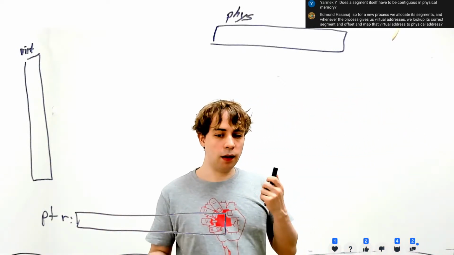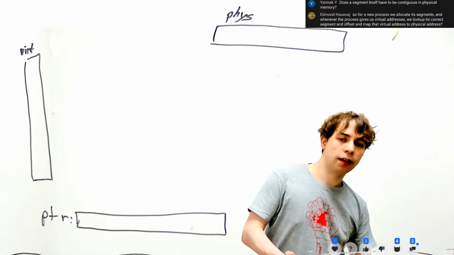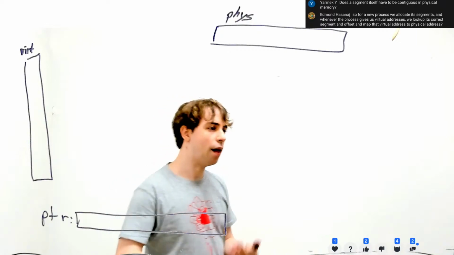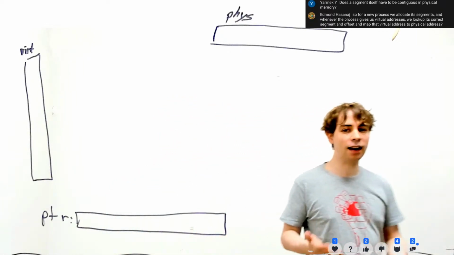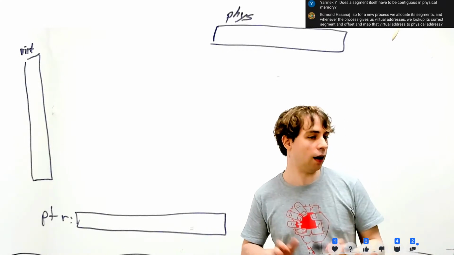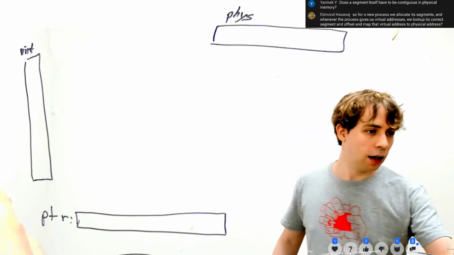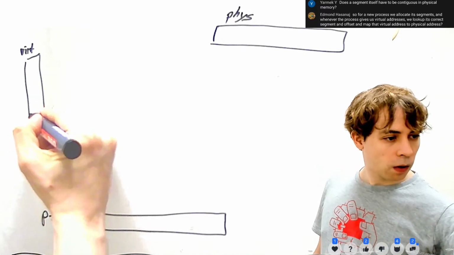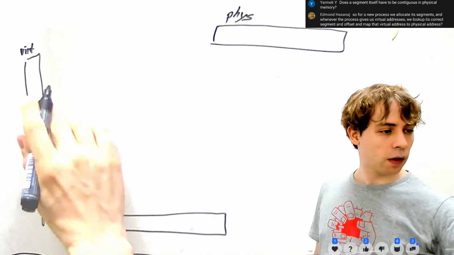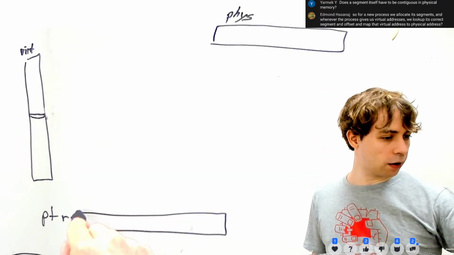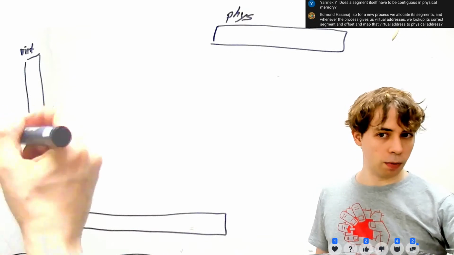Now, this mapping with segments or with base and bounds, all of this is super inflexible. We want something that is more convenient, and the most convenient that I would see is if we take 1 byte here. So the pointer is pointing there.